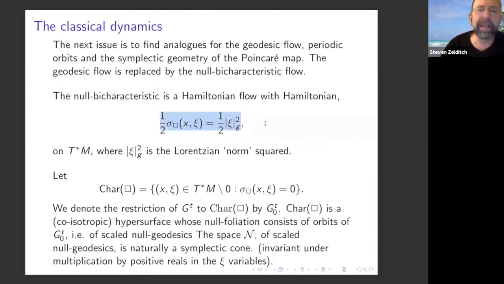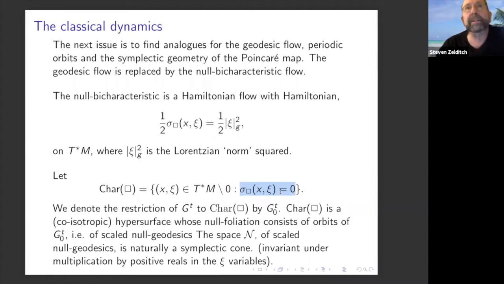When we look at null geodesics, first of all, we look at the characteristic variety of the wave operator. This is the zero set of the symbol. That's a bundle of light cones. At every point in space-time, in the cotangent space, you have a light cone. So it's a light cone bundle, and it's a level set of the symbol of box.